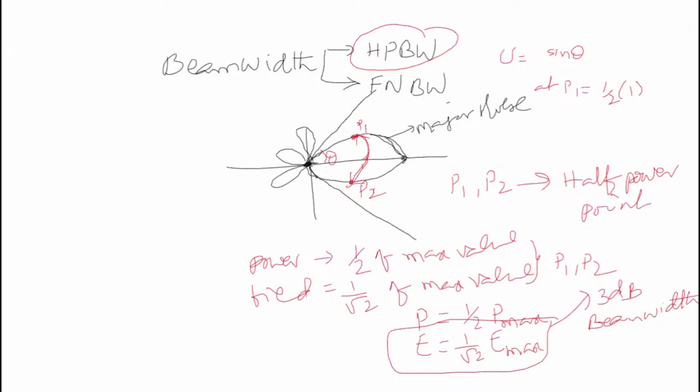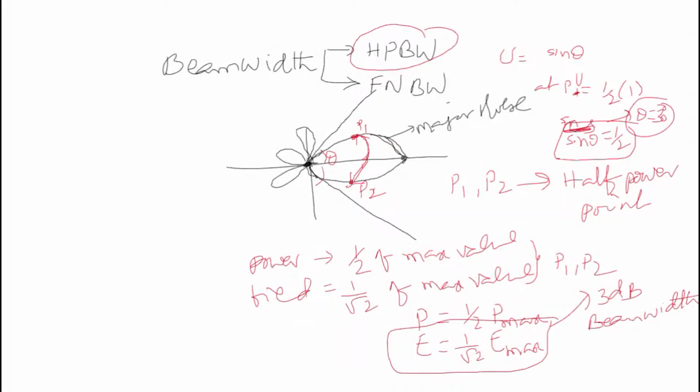So therefore, at P1, power U is equal to 1 by 2 of 1. The given component is sin theta, so sin theta is equal to 1 by 2. Therefore, the theta value is 30 degrees.